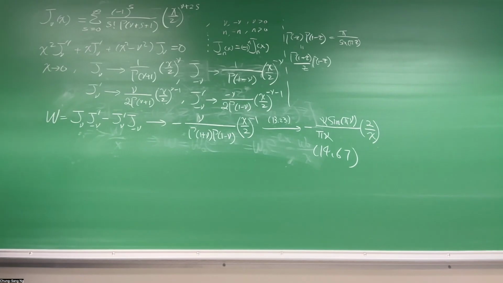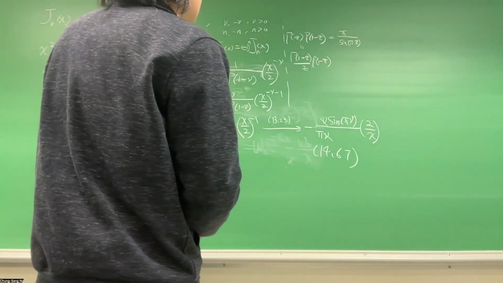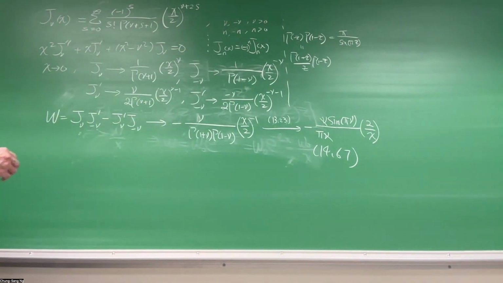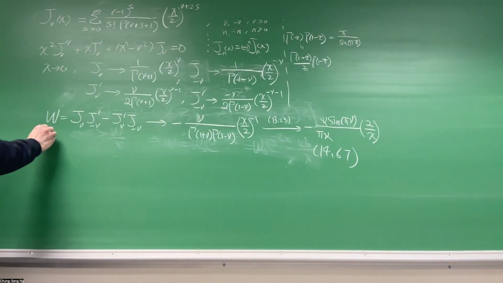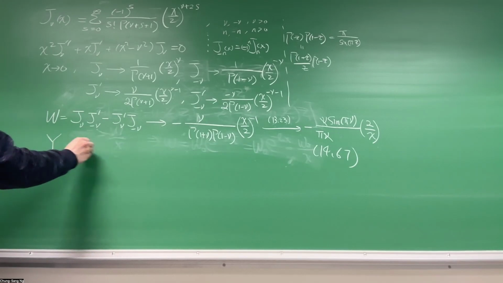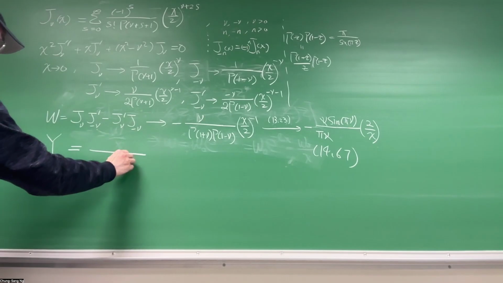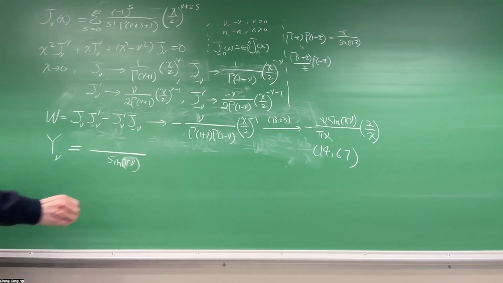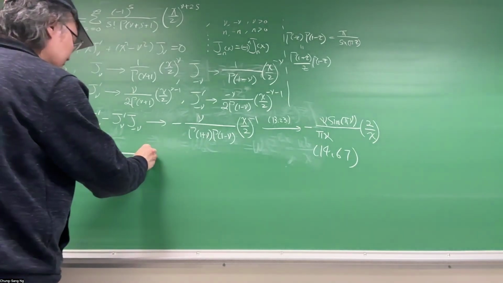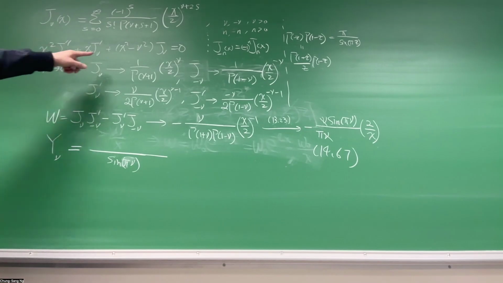Okay, and now let's see what else we need. We probably need all of them. Let's just try to define this Y sub nu, and we are suggesting that you have a sine nu pi, or pi nu, doesn't matter, in the denominator, because we wanted this to be a solution also for the same Bessel equation for the same nu.